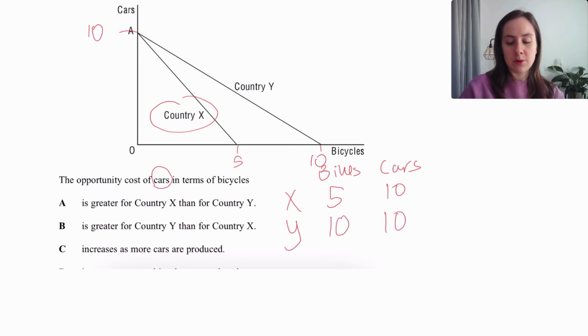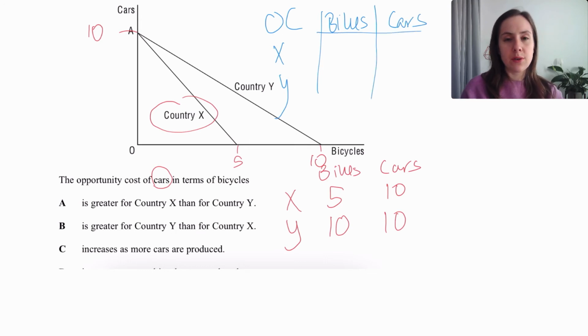Okay, let's do an opportunity cost table. Bikes, cars. What I need to do is to figure out how much it costs X to make one bike. Right now they can make 5 bikes or 10 cars.